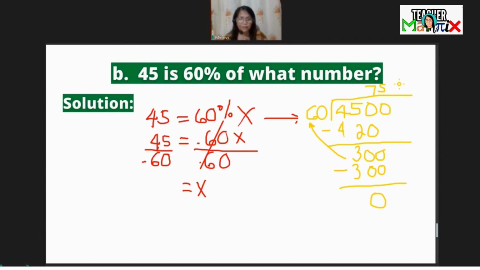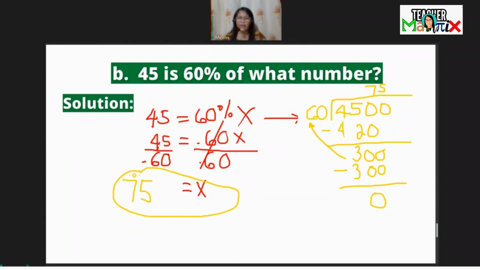What we are looking for is the base, which is 75. So it is not written in percent form. It is written as a whole number, meaning the value for x is 75.